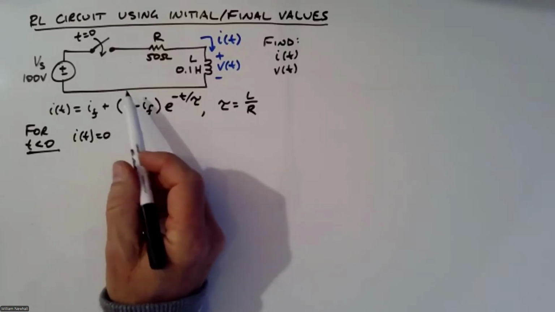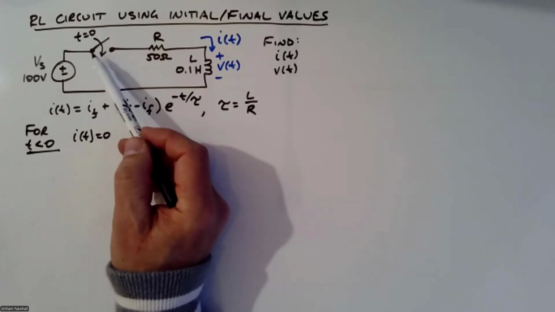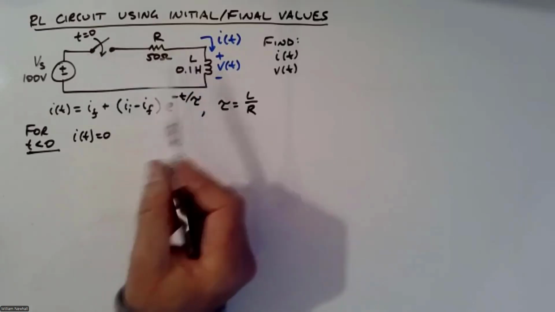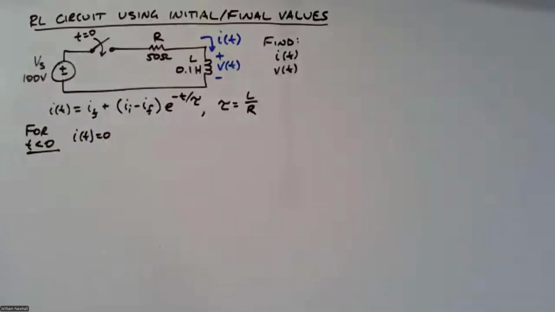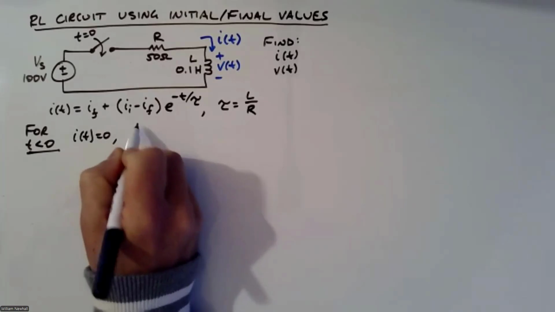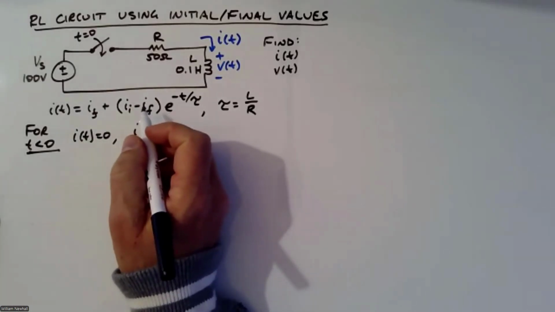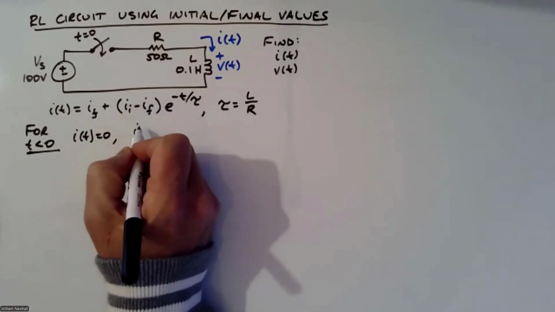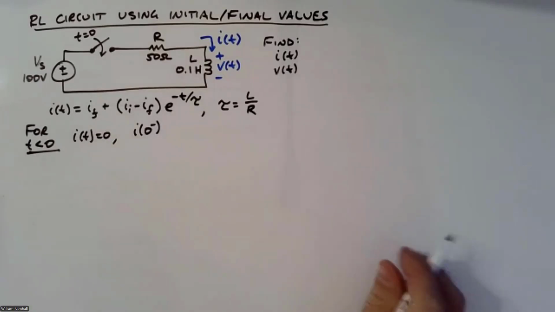What we really want is, okay, what happens right after that switch closes, right? We really want the initial condition I_I, which is just right after that switch closes. What is the current? Well, this is similar to the voltage across a capacitor in an RC circuit, except this is the current through an inductor.